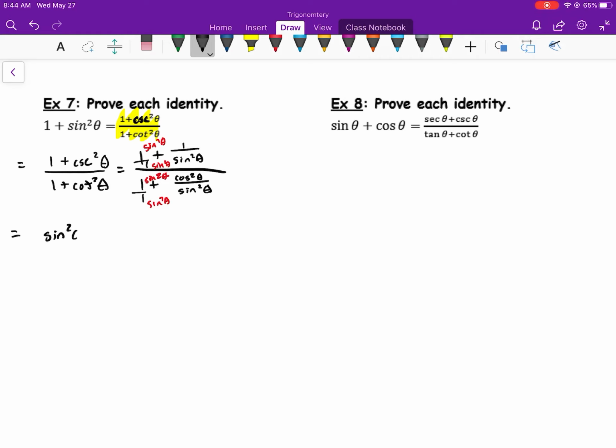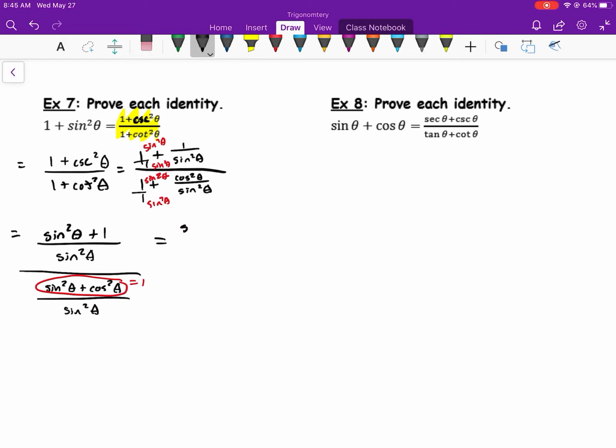I'll get sine squared of theta plus 1 over sine squared, all divided by sine squared plus cosine squared theta over sine squared theta. And this one equals 1.